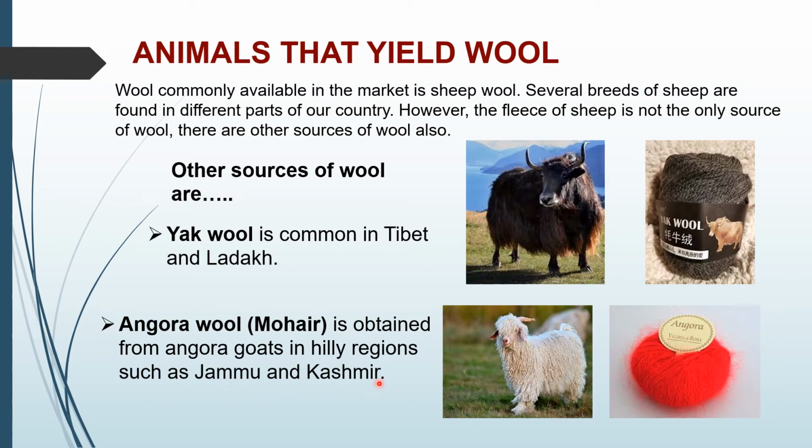This is the Angora wool, and this wool is called mohair. So two sources: yak wool, common in Tibet and Ladakh, and Angora wool, also called mohair, obtained from Angora goats in Jammu and Kashmir.